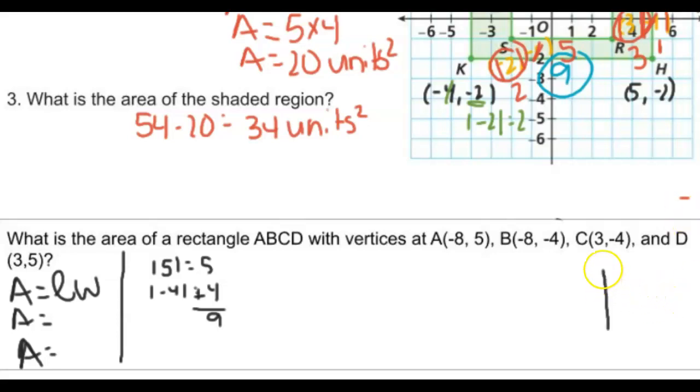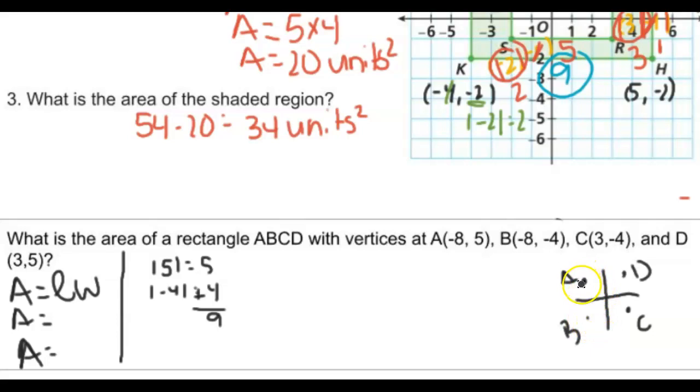So if you're visualizing this in your head, you have an A right here. Negative, negative down here would be B. Positive, negative would be C. And positive, positive would be D. So we just found from here to here.